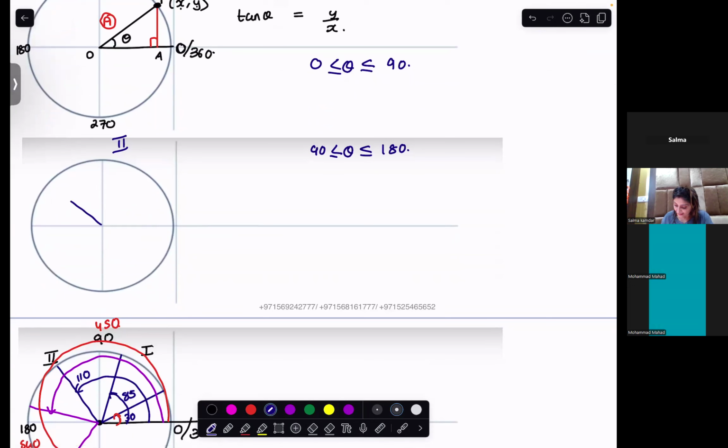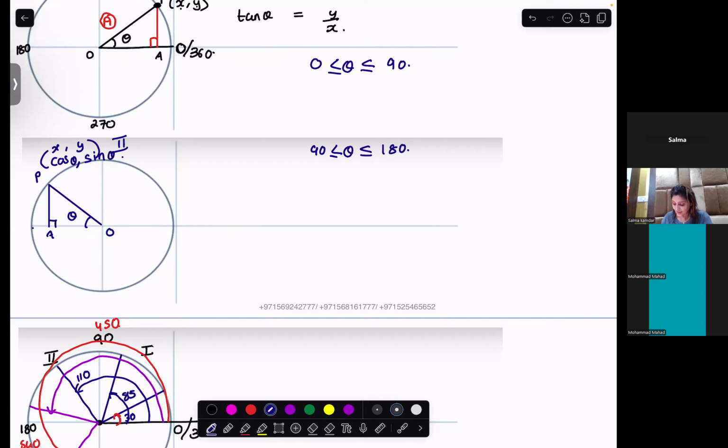From the radius, I'll take a point P. I'm making the angle theta. From here, I'm drawing a 90 degree. The coordinates of point P would be x, y. And if I don't understand, I will write cos theta, sine theta. I hope you're with me.